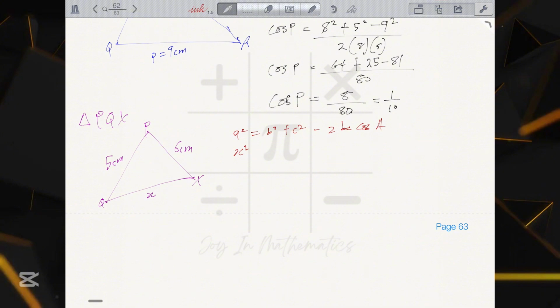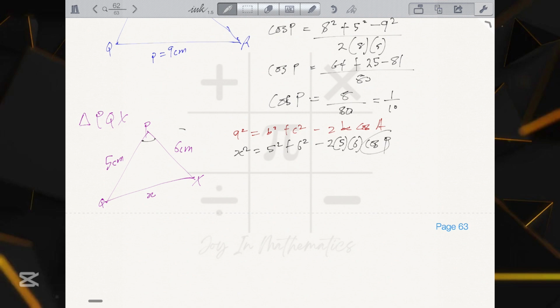Before then, let's label. So we'll have our Q to be equals to 6, P is equals to X, and let's say X. Let's leave that. Then we'll have our X squared to be equals to 5 squared plus 6 squared minus 2 into 5 into 6 cos P. That means the angle here.